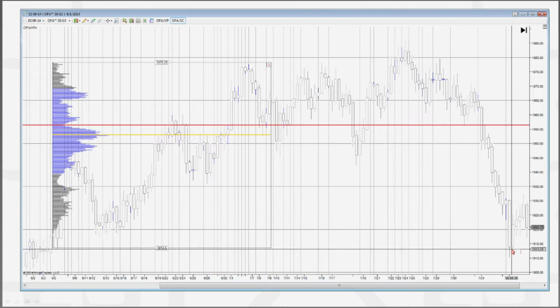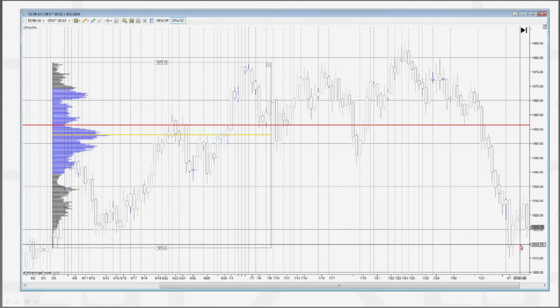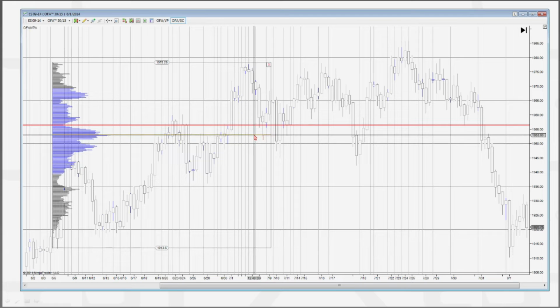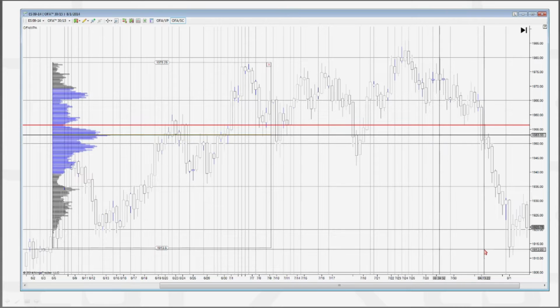And what we'd want to see is, is this still an area of interest for buyers? And if buyers start holding again, and we're going to go through this again today, I can tell you over the next course of the week or several days, price is coming right here, back to 1953, back to VPOC, because this is the most fair price for buyers.